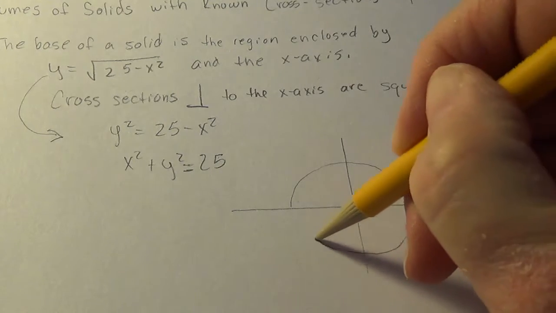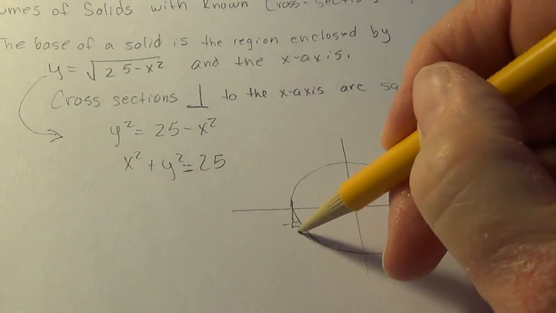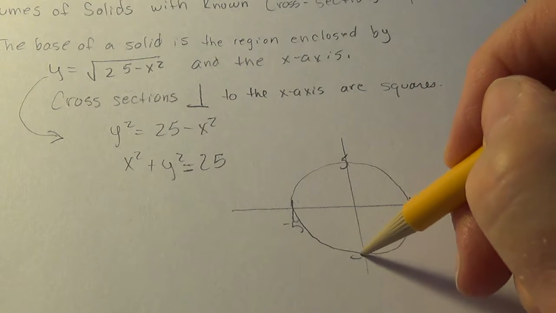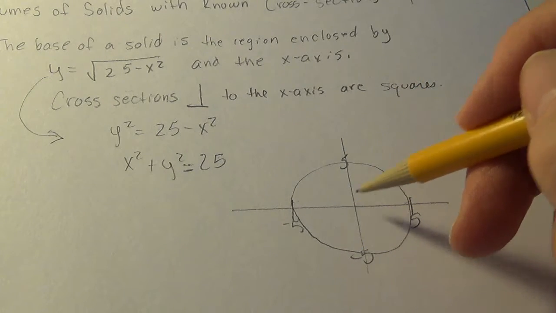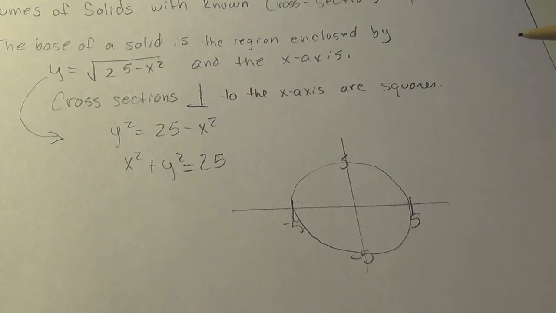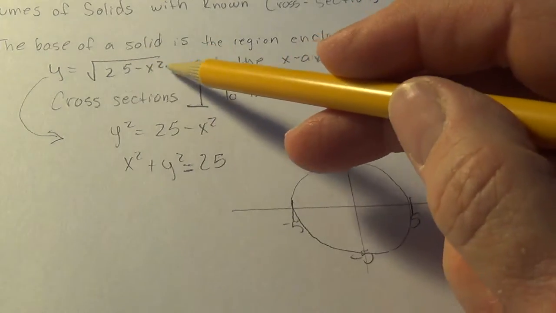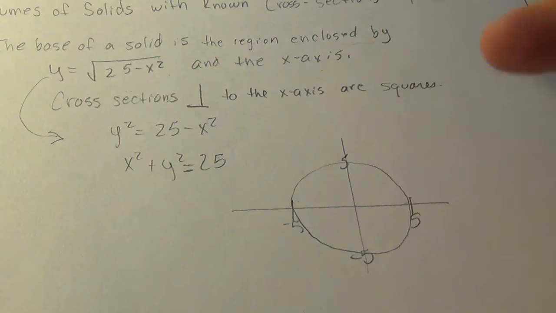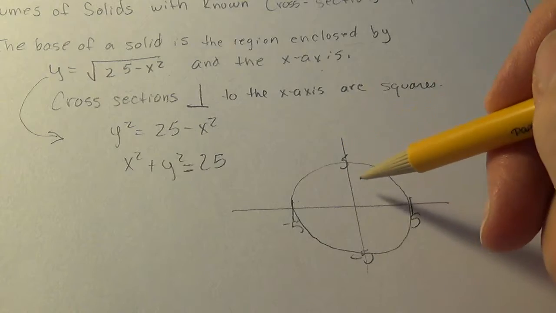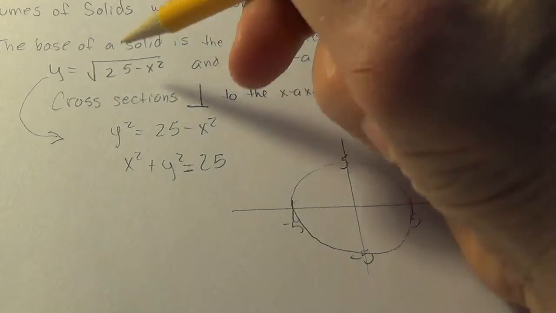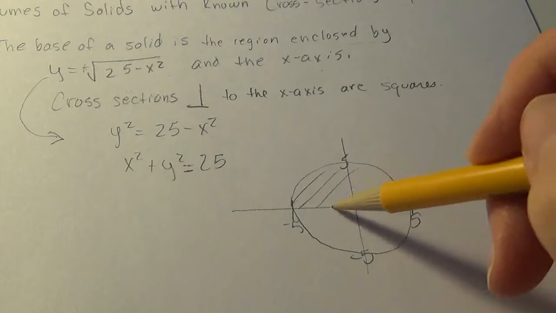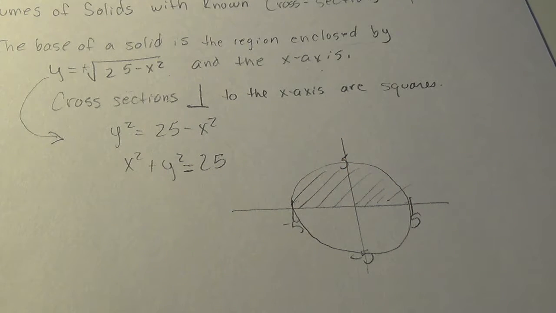So suppose we have a circle, radius 5, and its center at the origin, but we're looking at the area that is enclosed by that and the x-axis. When it has a plus out here, we're assuming this part. So that's what we're looking at. We're looking at that area.